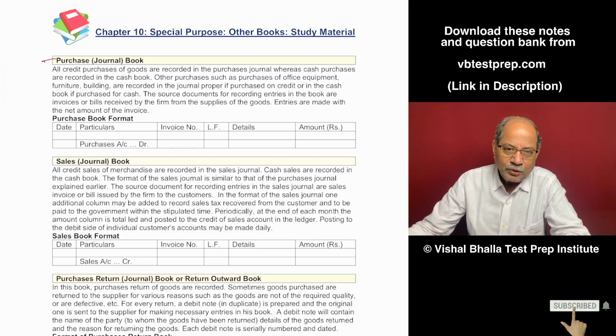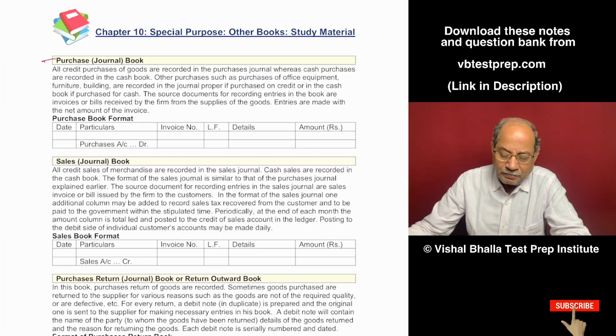A purchase book contains only the credit transactions of the purchase of goods. Therefore, it will show only purchases, and not only purchases but purchases of goods. I hope you know the difference between goods and assets.